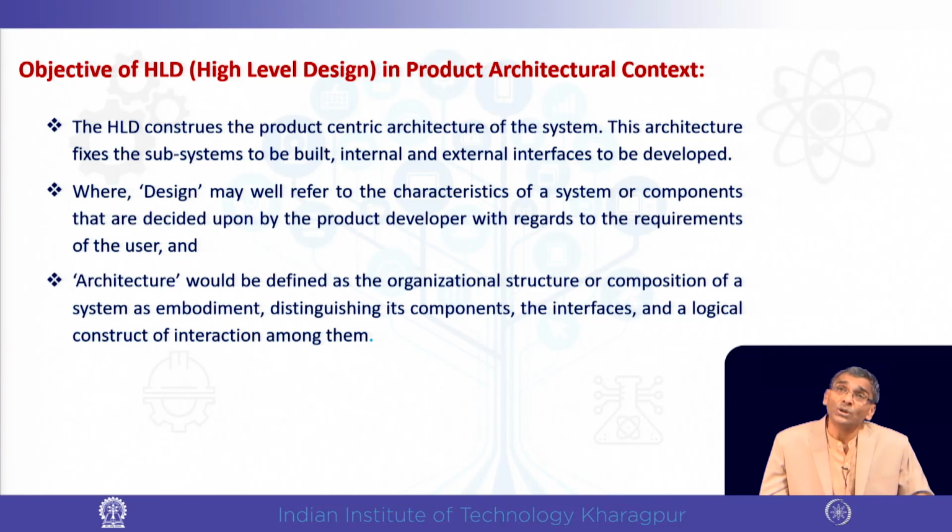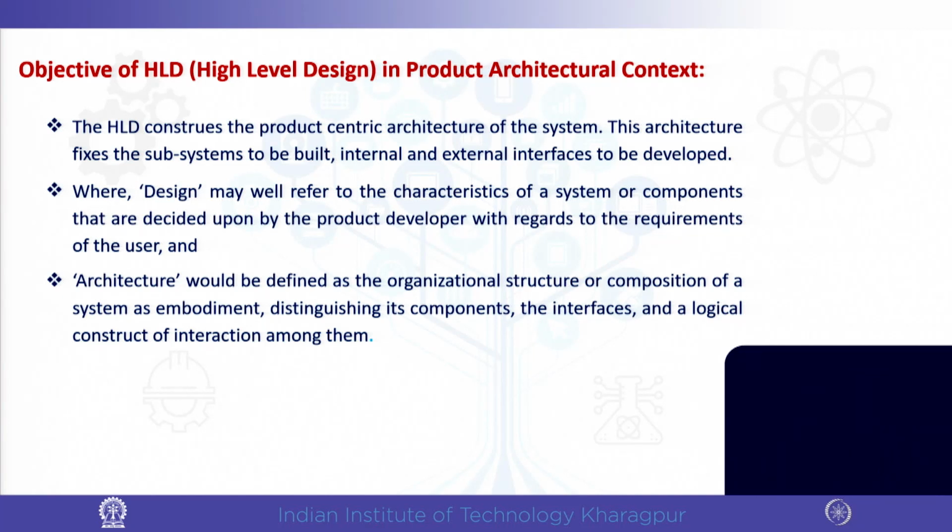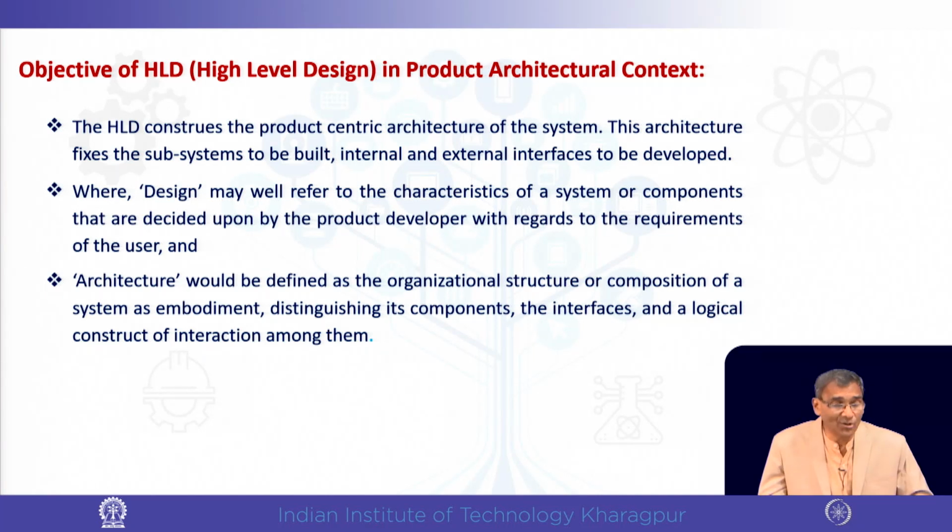Now, here we have said what design is and what the architecture is. Then we would talk on the architecture, saying it would be defined as the organizational structure or composition of a system as embodiment, distinguishing its components, the interfaces, and a logical construct of interaction among them.